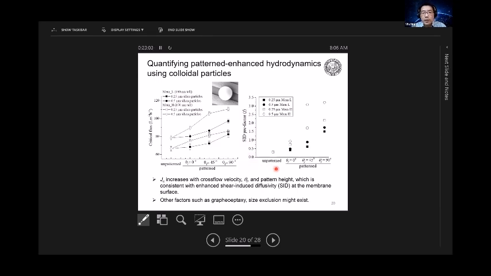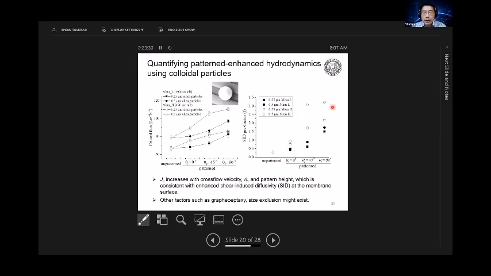What we found is that compared to the unpatterned membrane, these patterned membranes have promoted back diffusion. And the taller pattern, these empty symbols, have larger enhanced diffusion than the shallow pattern, okay? And the larger particles have more enhanced diffusion than the smaller particles.